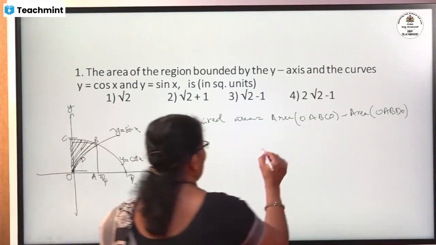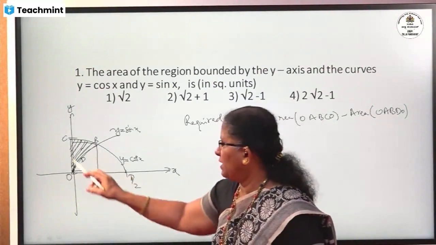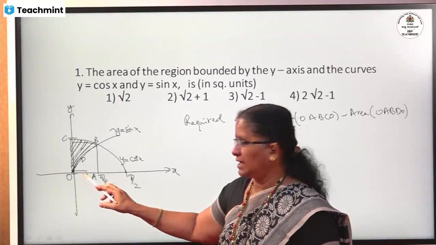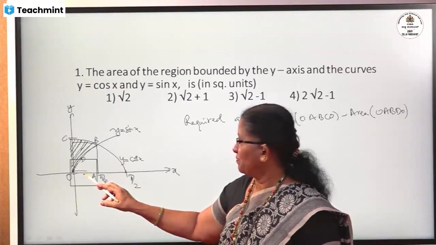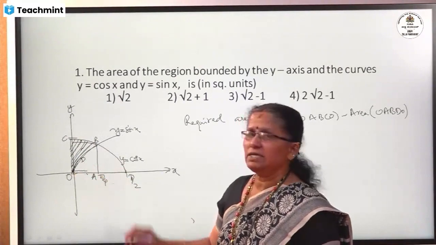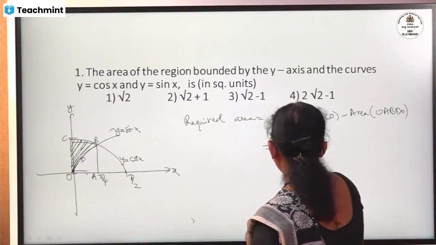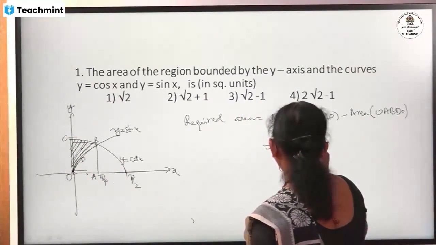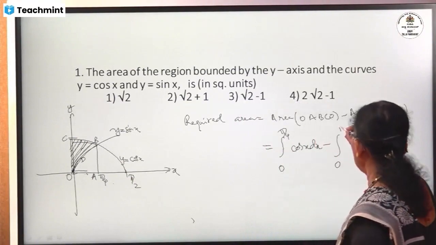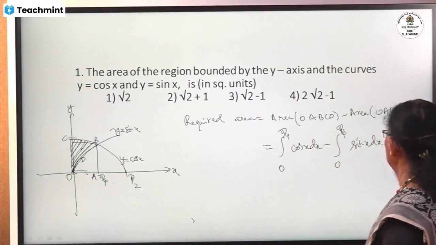So for area OABCO, can you see that the area OABCO is bounded by x-axis and the curve y is equal to cos x between the lines 0 and pi by 4. So this area is integral 0 to pi by 4 cos x dx. Similarly, the other area is 0 to pi by 4 sin x dx.